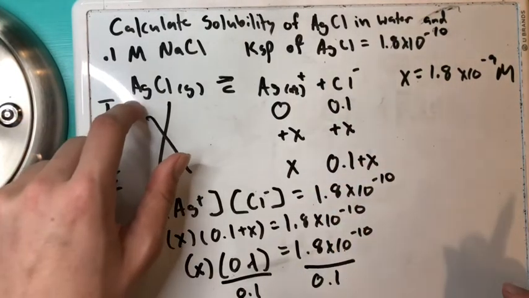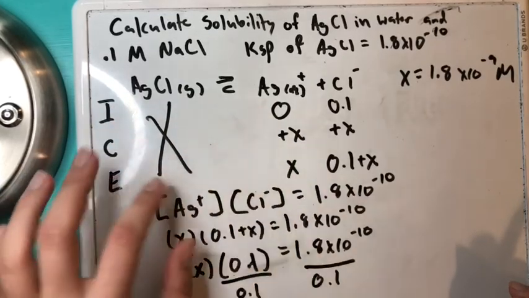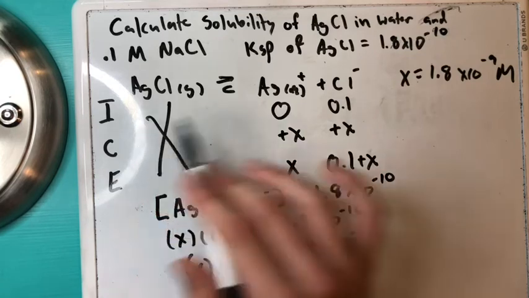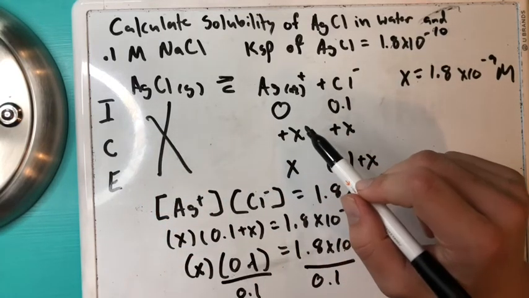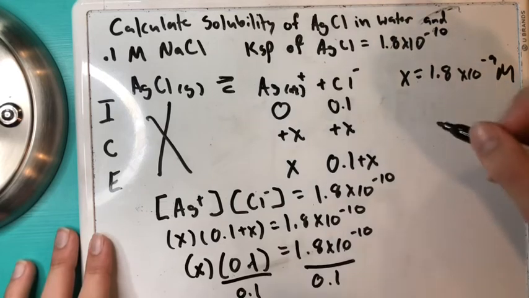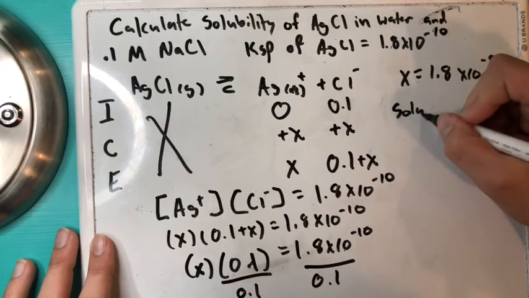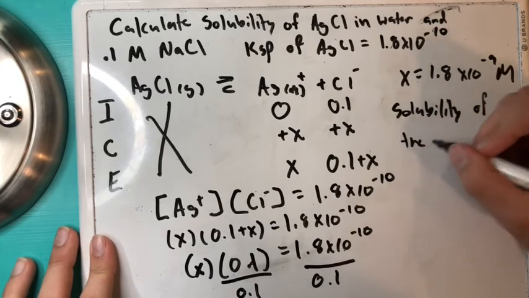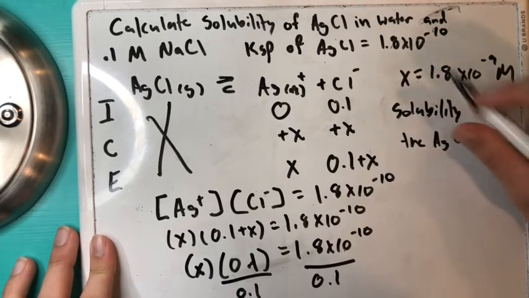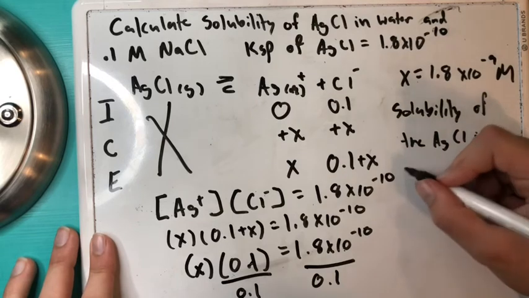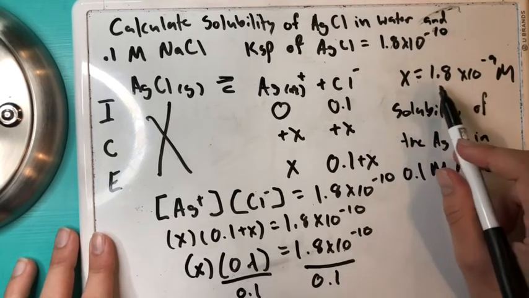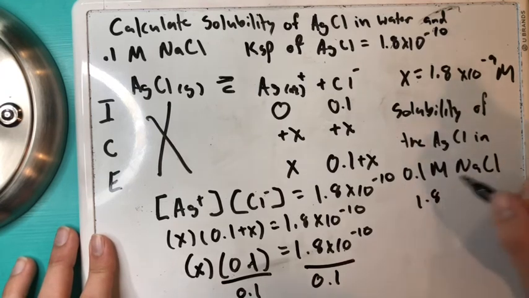And because the AgCl and the Ag is a 1-to-1 ratio, we know that the AgCl will lose as much as the Ag plus gained. So the solubility of the AgCl in this solution in 0.1 molar NaCl simply just equals this, the 1.8 times 10 to the negative ninth.